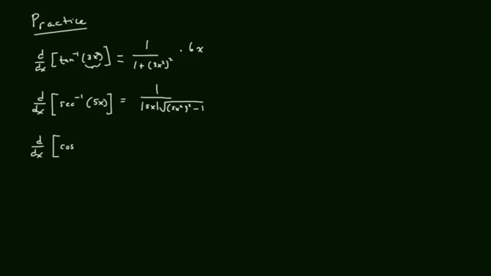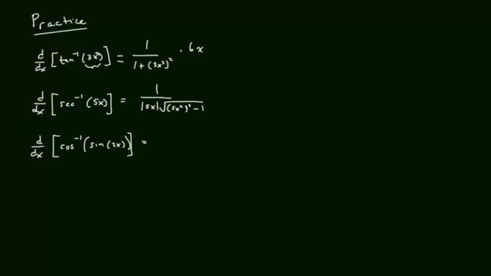The derivative with respect to x of the inverse cosine of the sine of 2x. One of the things that people mess up on is we start doing the inverse trig derivatives and they forget that sometimes I'm not asking for inverse trig but regular trig derivatives.